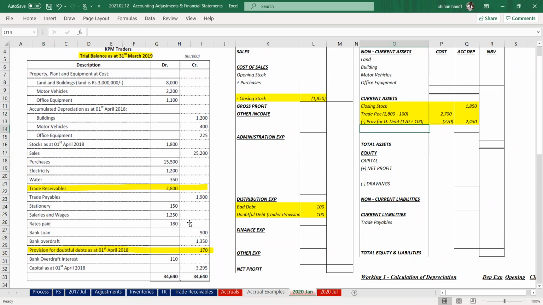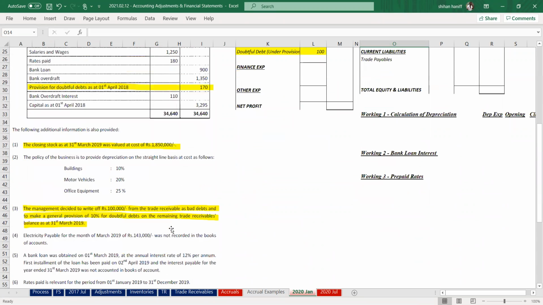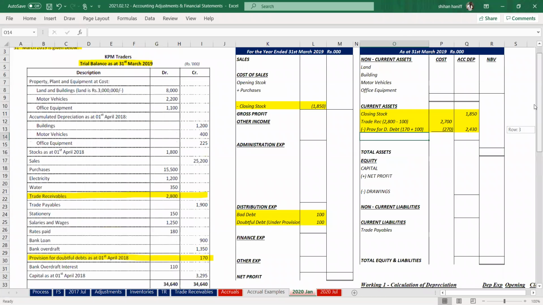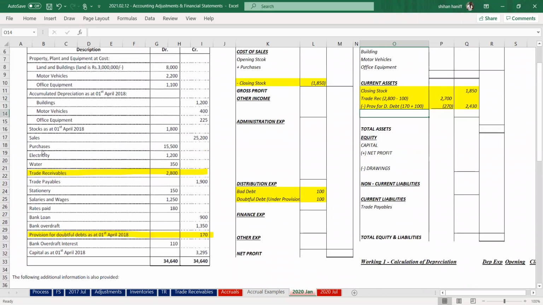Next. Next is electricity payable for the month of March 143,000 was not recorded in the books of accounts. So there is an electricity payable. So if you check the trial balance, electricity, there is a paid amount of 1,200.